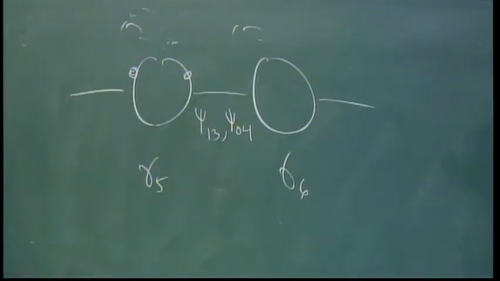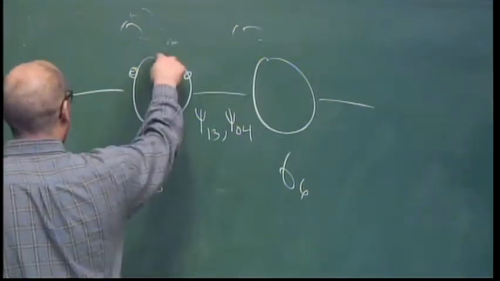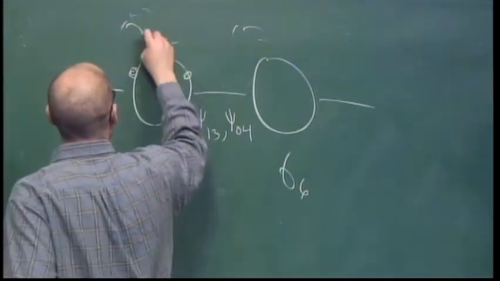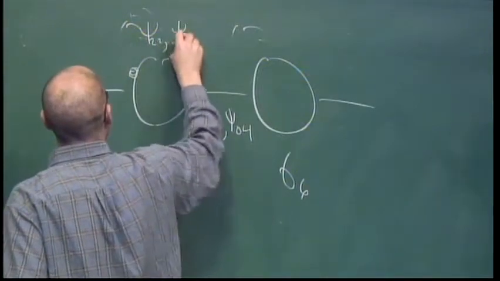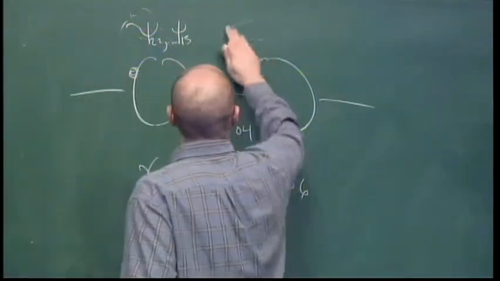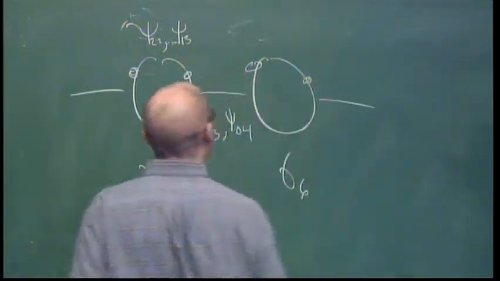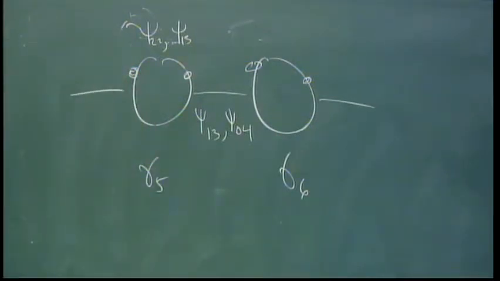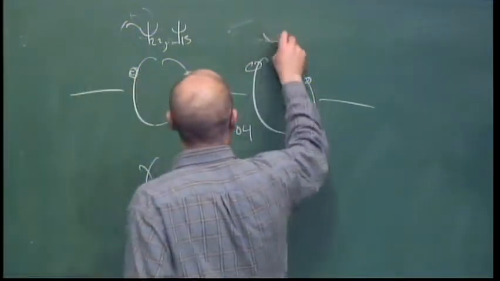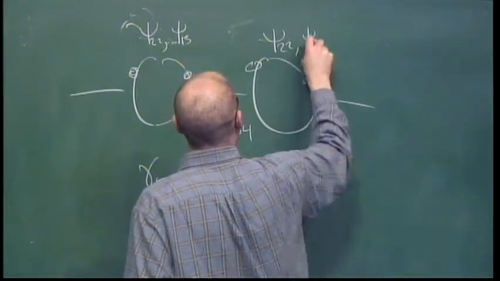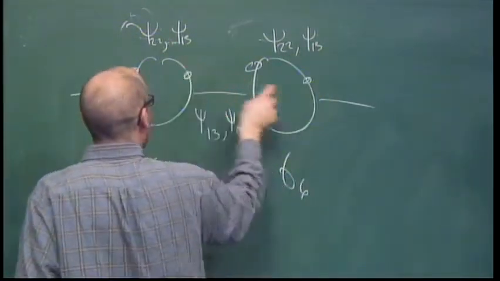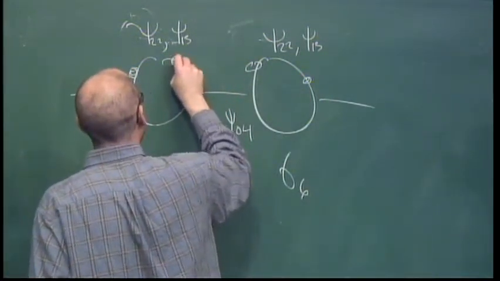So these are the 2 points of delta on this loop. And between the 2 points of delta, it's psi 2,2 and psi 1,3. And between the 2 points of delta on the top of the 6th loop, it's again psi 2,2 and psi 1,3.